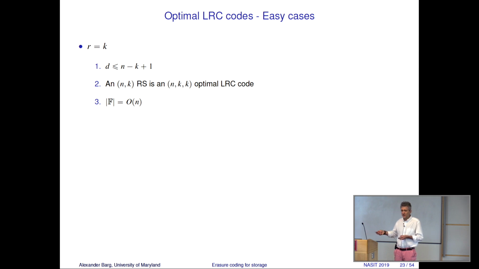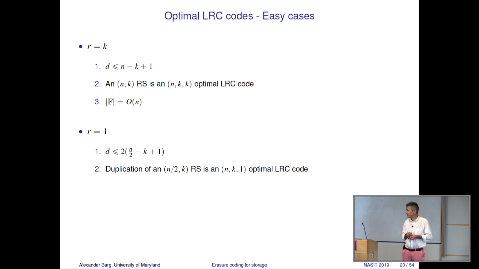And the size of the field is pretty much the length, or bounded above by a constant times the length. So this is for k. For 1, well, for 1 we can do the following. This is what the bound would tell us. And we can take Reed-Solomon codes of length n over 2 and attach another Reed-Solomon code word of length over 2. So this solution will give an optimal LRC code of length n, dimension k, and locality 1. The field size is again good.